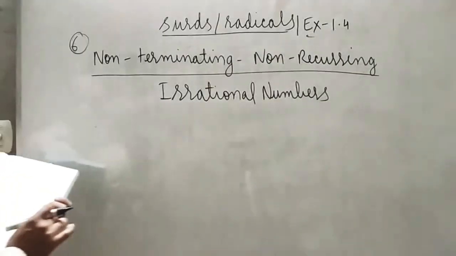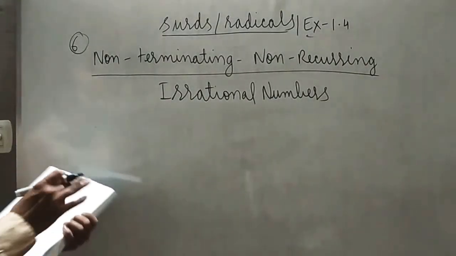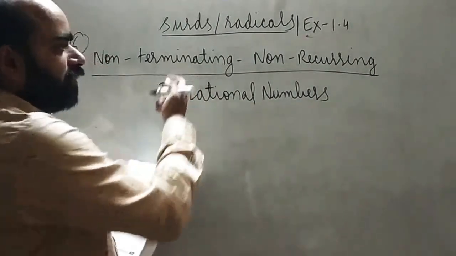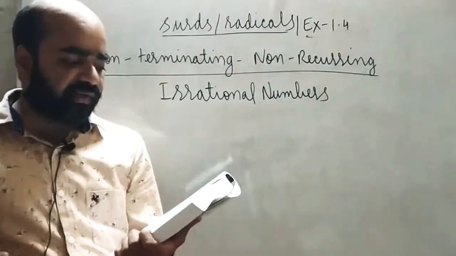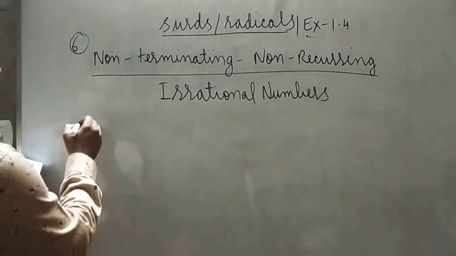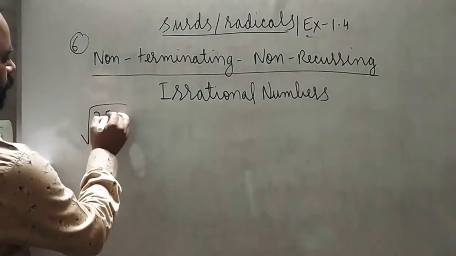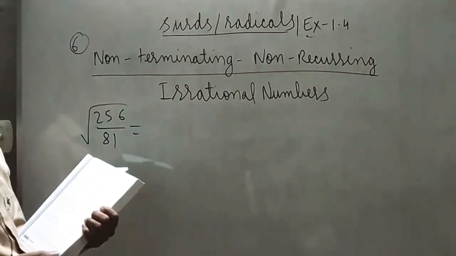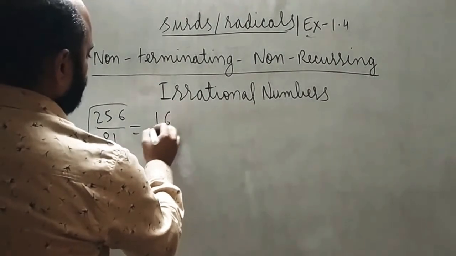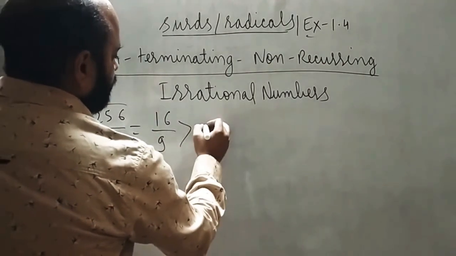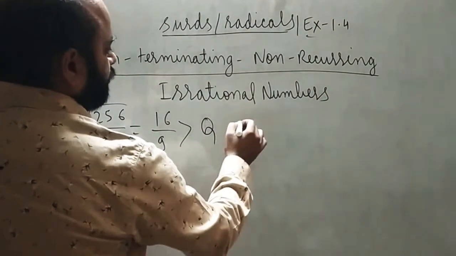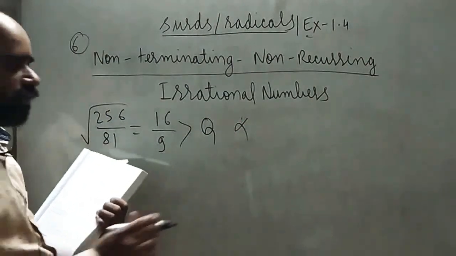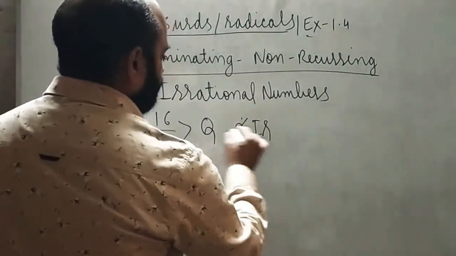So first one, minus 3 root 2, it is irrational. It means that will be non-terminating, non-recurring. Second one is root 256 upon 81. Root 256 means 16 upon 9. It means these are rational. So this is not irrational. Correct? Clear?